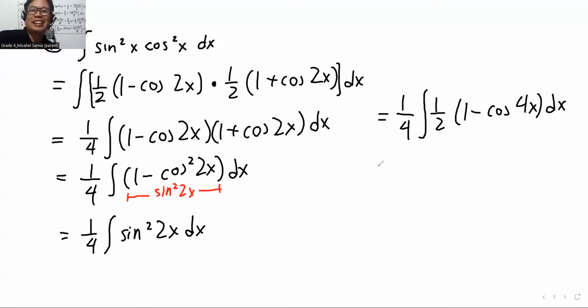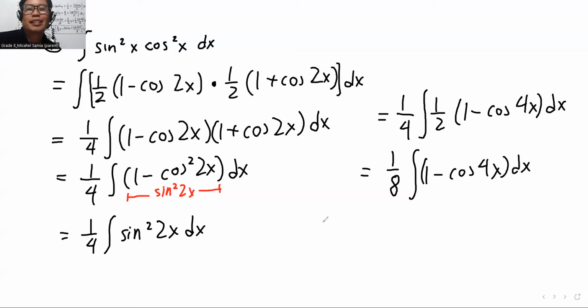Okay, 4x na siya. We can put this 1/2 out din. Cosine. Now we can simplify it.